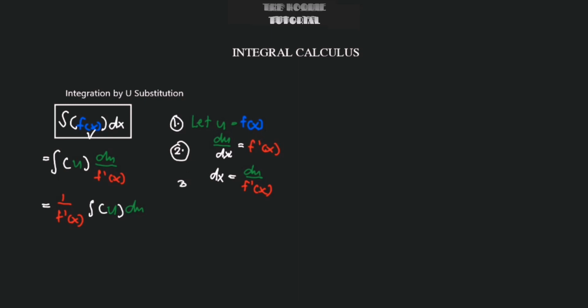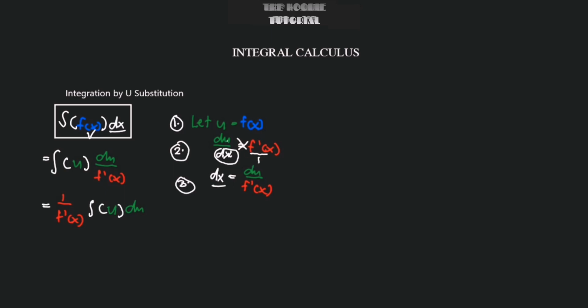And the third step is to find the value of dx. The reason why we need to find the value of dx is because we have dx right here. Since we already have the step 2, we can basically find the value of dx. So cross multiply, we have an imaginary 1 right here.